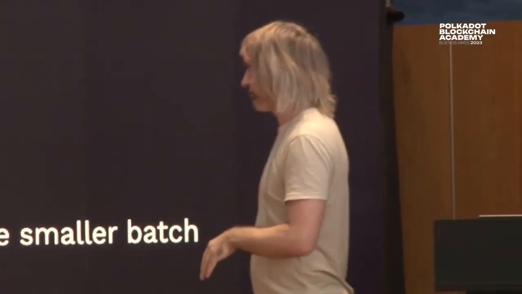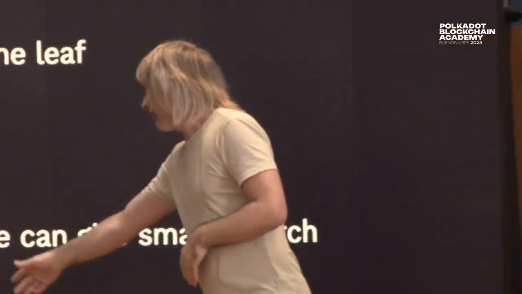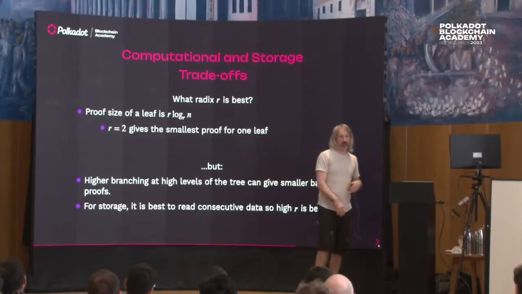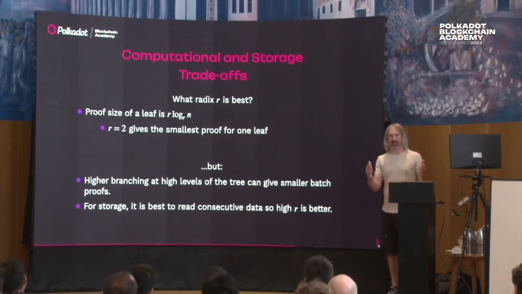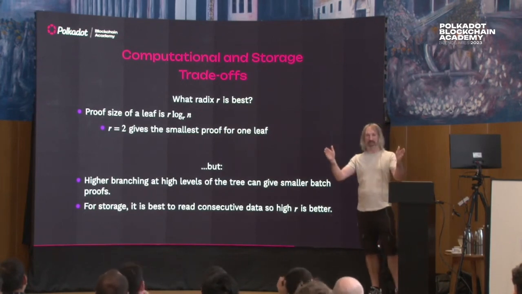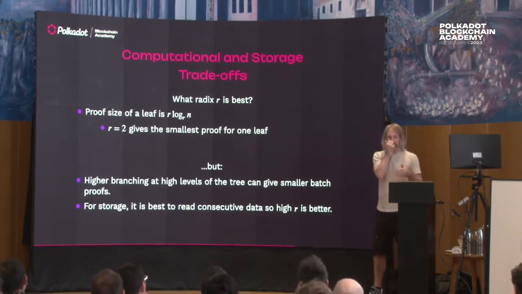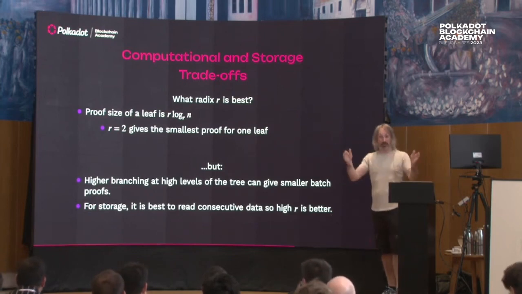And we only have 2 hashes to compute of more data now, 16 child hashes when we want to hash its parent, but hashes are fast, so we don't need to worry too much about that. And as it turns out, reading consecutive data from disk or memory is also quite fast. So it's not that it costs 8 times as much to read 16 hashes as it does to read 2 hashes if they're right next to each other in memory.